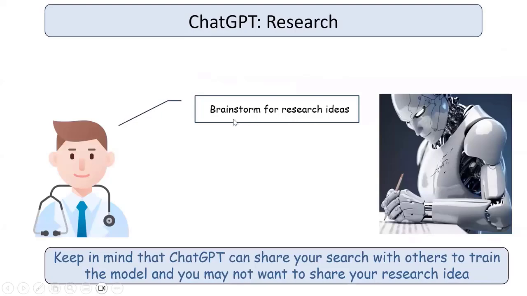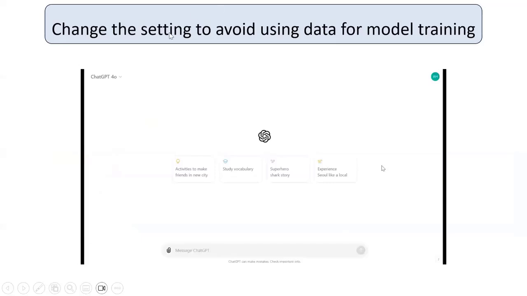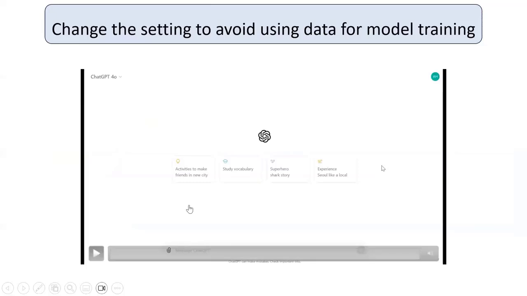The other important thing: because the research idea can be shared with ChatGPT, keep in mind that your idea can be shared with others to train the model, and you may not want to share your research idea with others. How can we overcome this? Simply, we can change the setting to avoid the data being used for model training.